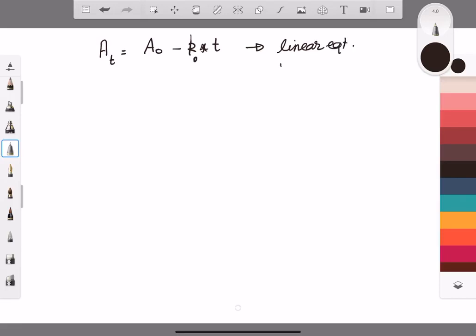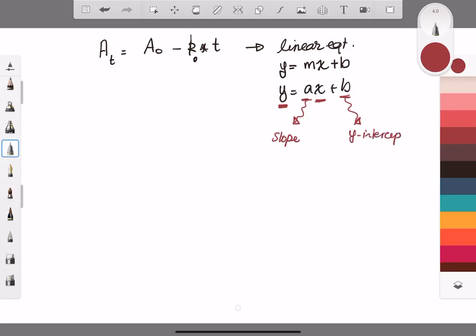And it's similar to y equals m multiplied by x plus b, or sometimes you will have it as ax plus b. We have y, we have x, we have the coefficient on x, and we have this constant. This would be your slope, and this will be your y-intercept, right?